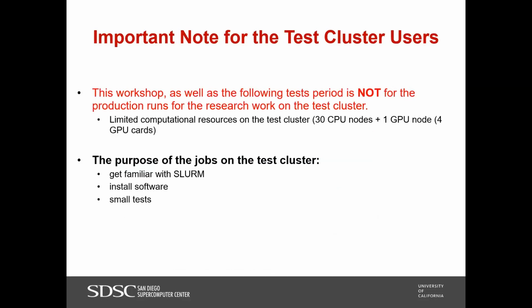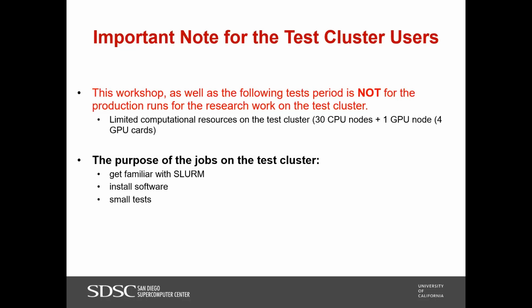Here is an important note for the test cluster users. Please note this workshop, as well as the following test period, is not for any large production runs for your research work on the test clusters. This is mainly because we have a limited number of computational resources on the test cluster.